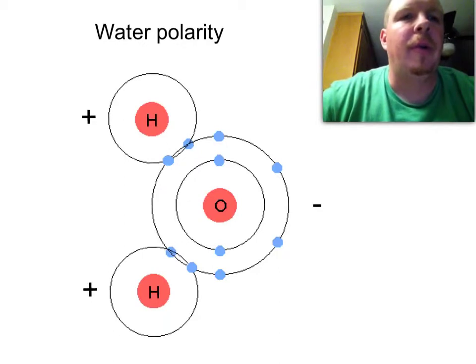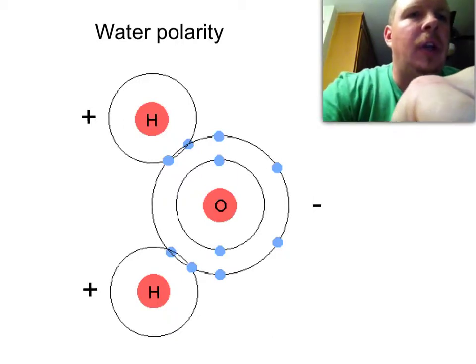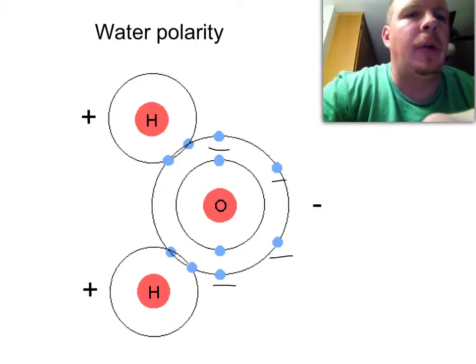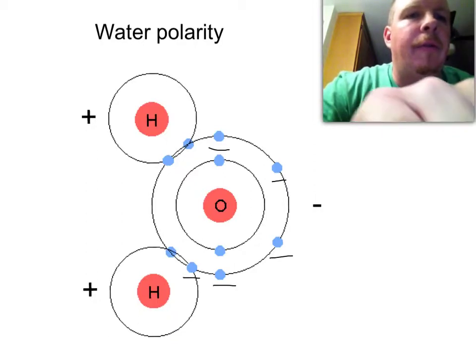You have 2 electrons in the first circle around the oxygen, and then for a total of 8, 2 plus 6, so it actually has 6 electrons in the second circle. You'll see there's one here, one here, one here, one here, and then 5, 6.